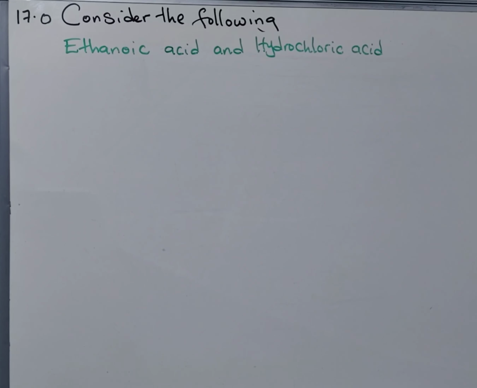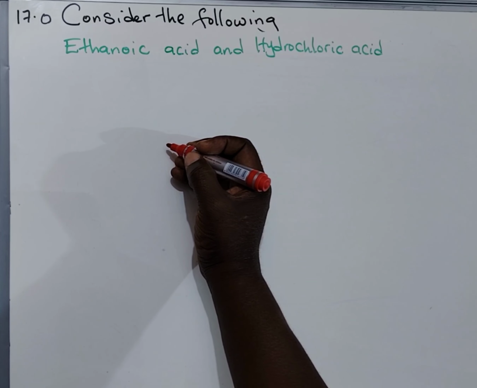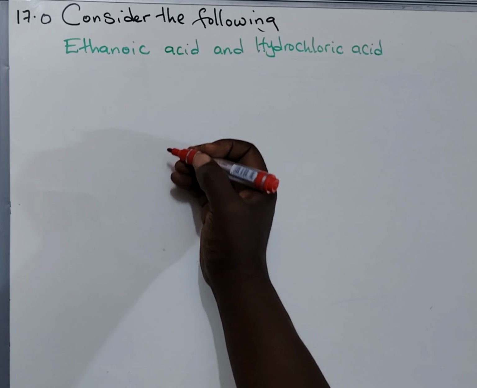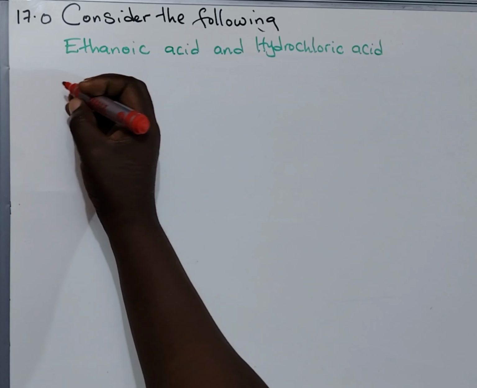Next we go to hydrochloric acid. We want the Ka, or acid ionization constant, for hydrochloric acid. How do you go about it? We get it from the equilibrium.